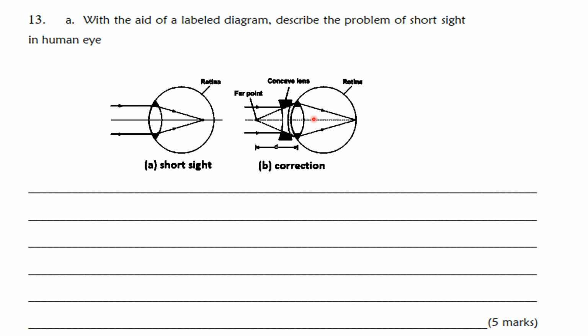This would cause the rays to go beyond where they initially were formed and fall on the retina, enabling you to see objects that are far.